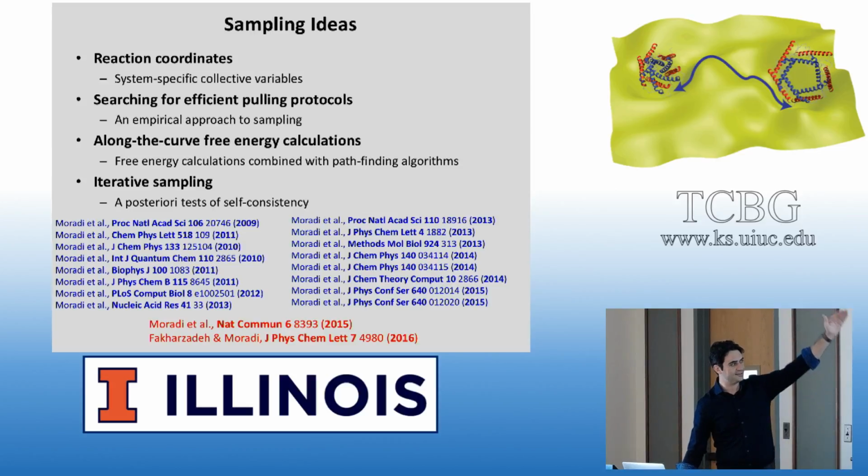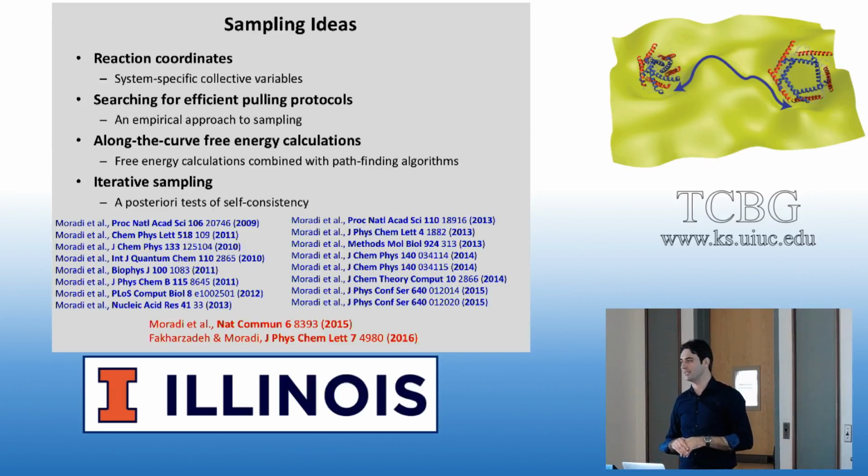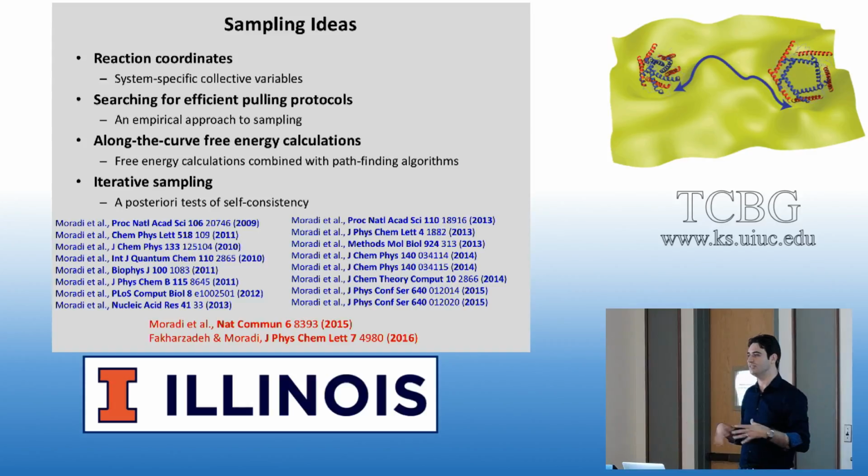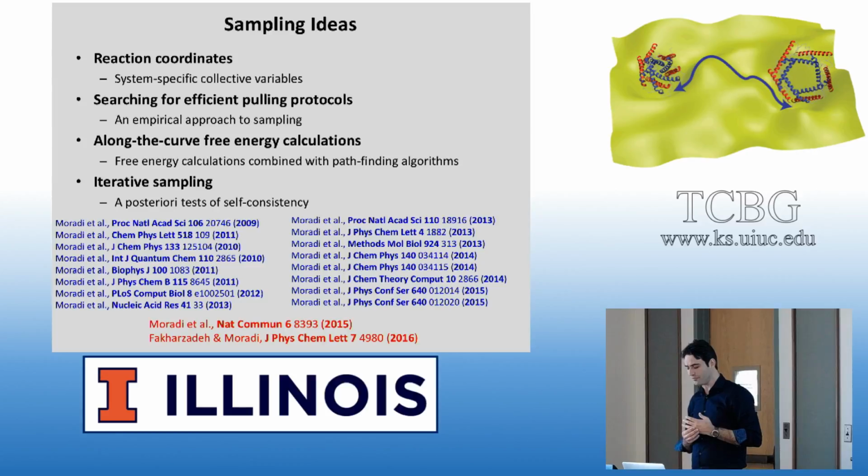This kind of scheme is something that I've been working on, different pieces of it, using different approaches that are mostly already known: umbrella sampling, adaptive biasing force, adaptively biased molecular dynamics, metadynamics, SMD, string methods. These are all known methods. So what has been more interesting to me has been combining them and making them work.